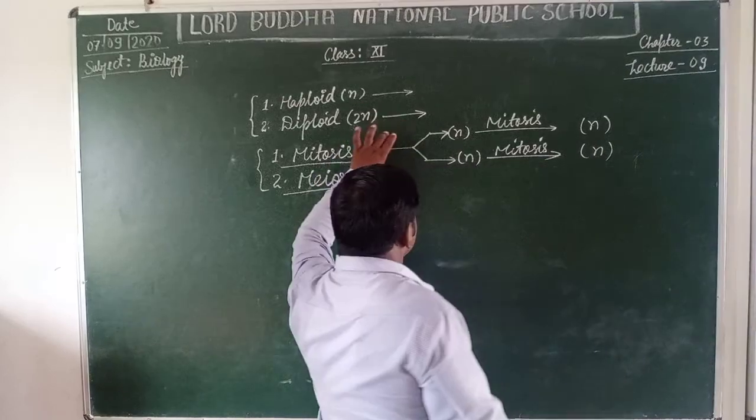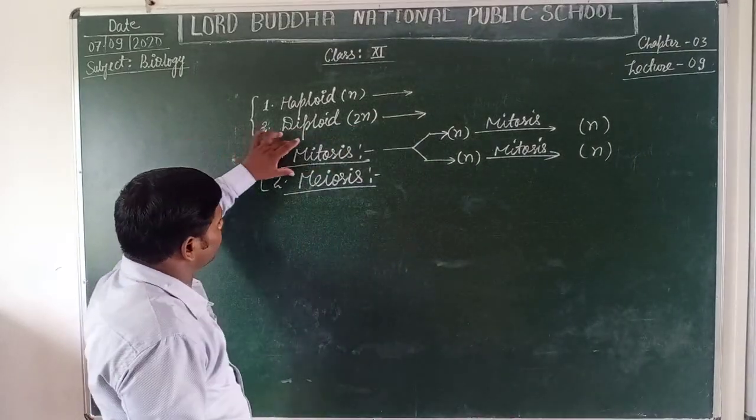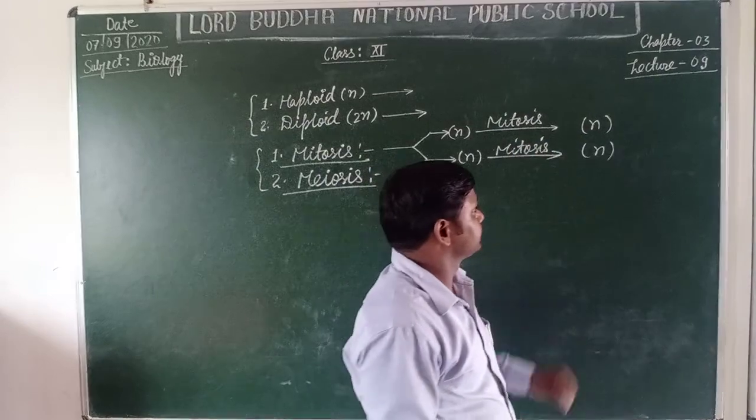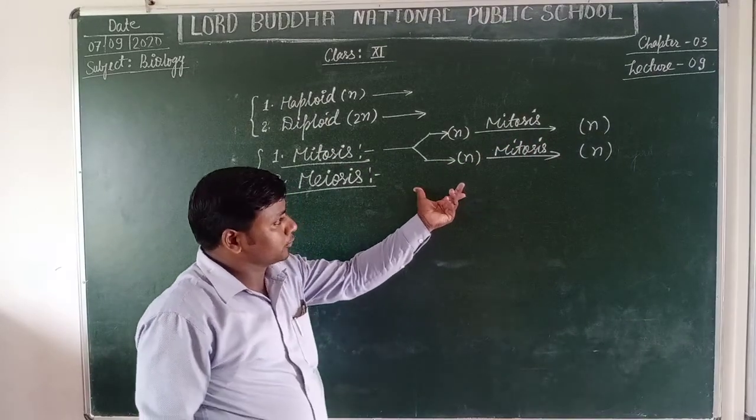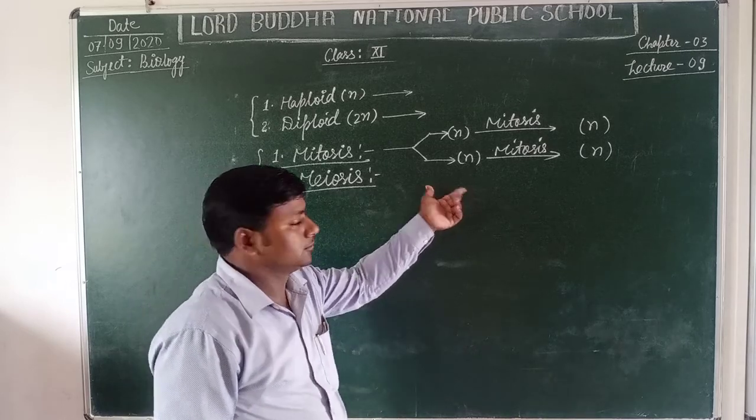It means they are just identical to the parent cell. There is no reduction of chromosomes.